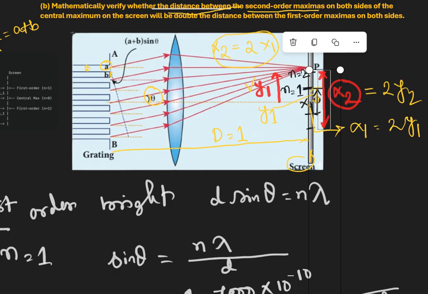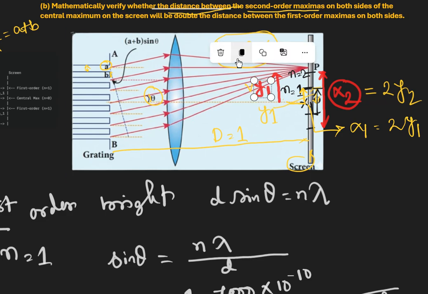So for y1, the distance will be from the central maxima to the first order bright fringe. So this is actually y1.